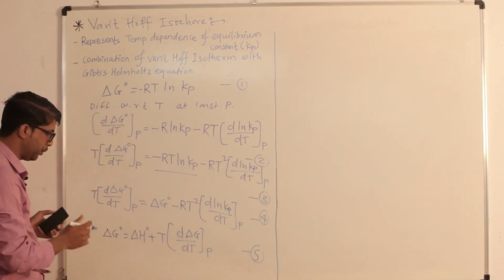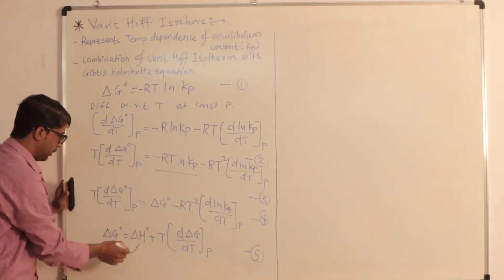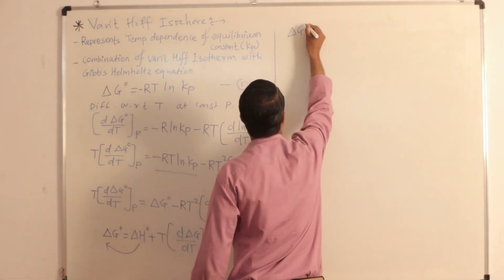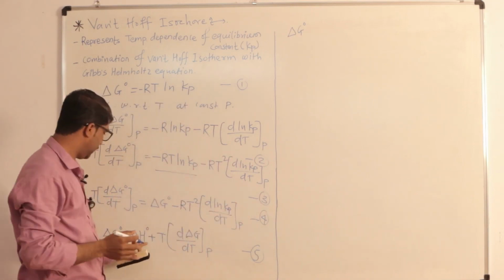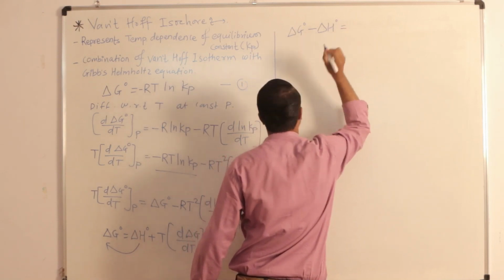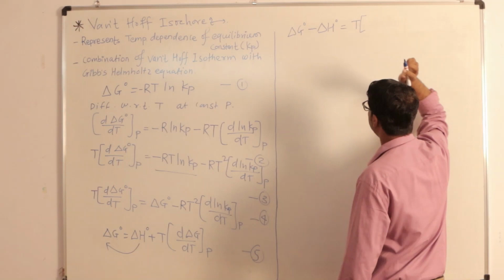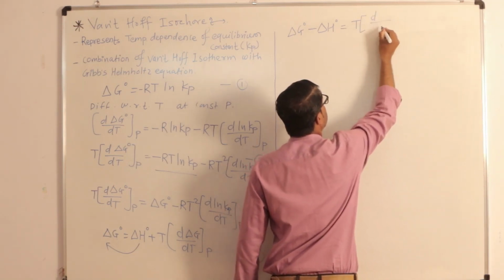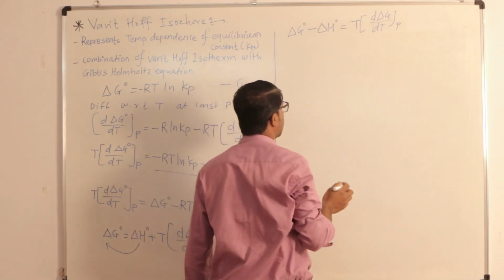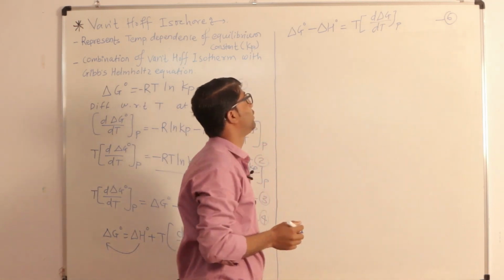So if you rearrange this equation, we transfer this term to the LHS, and we get delta G0 as it is, and this term becomes minus delta H0, which is equal to, on this side, temperature multiplied by d by dT of delta G at constant pressure. This term remains as it is. Let's say it is equation number 6.